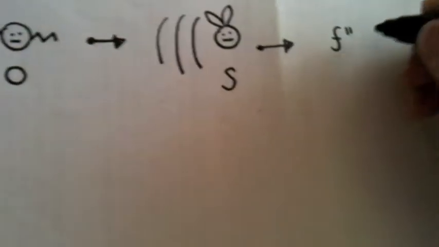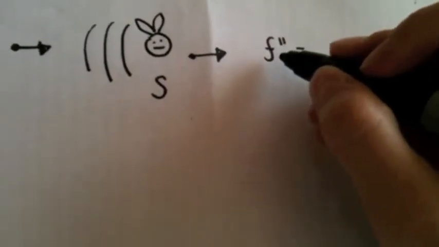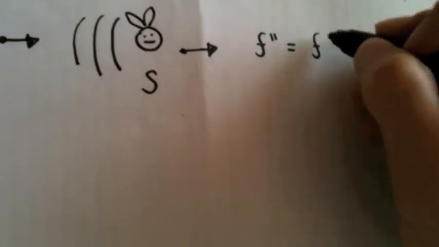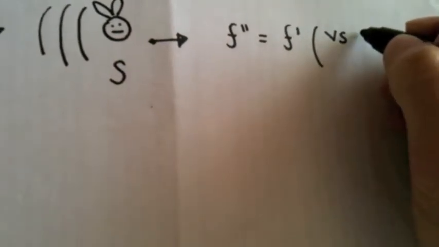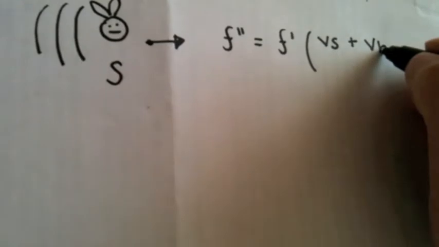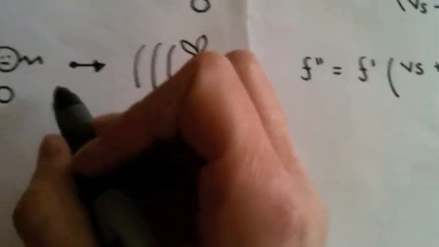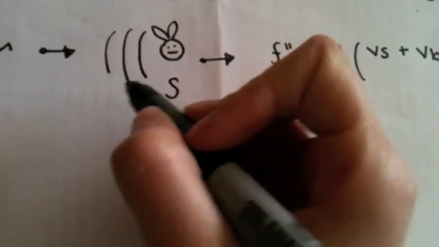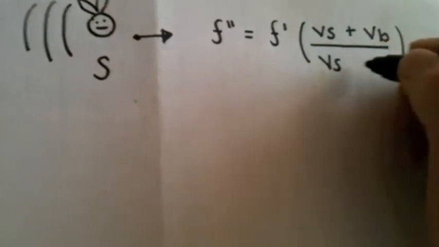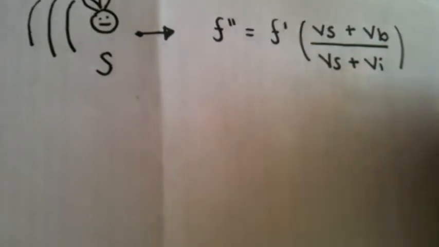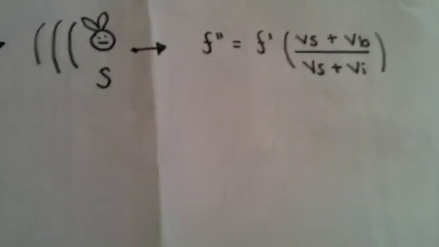So the frequency of the echo is the perceived frequency times the velocity of the sound plus the velocity of the bat, because the bat now is the observer and is moving towards the source of sound, over the velocity of the sound plus the velocity of the insect, because the source is moving away from the observer.